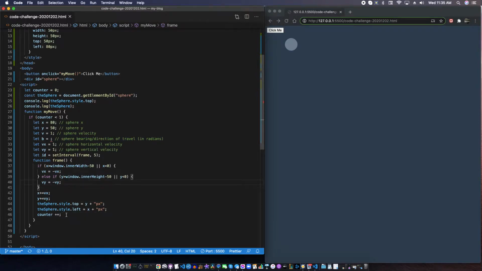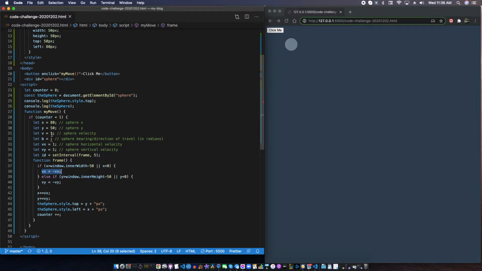And so if this is to make it bounce, if x happens to now be greater than the inner width of the window minus the diameter of the sphere, then whatever the horizontal velocity was, we'll make it negative of what it was.